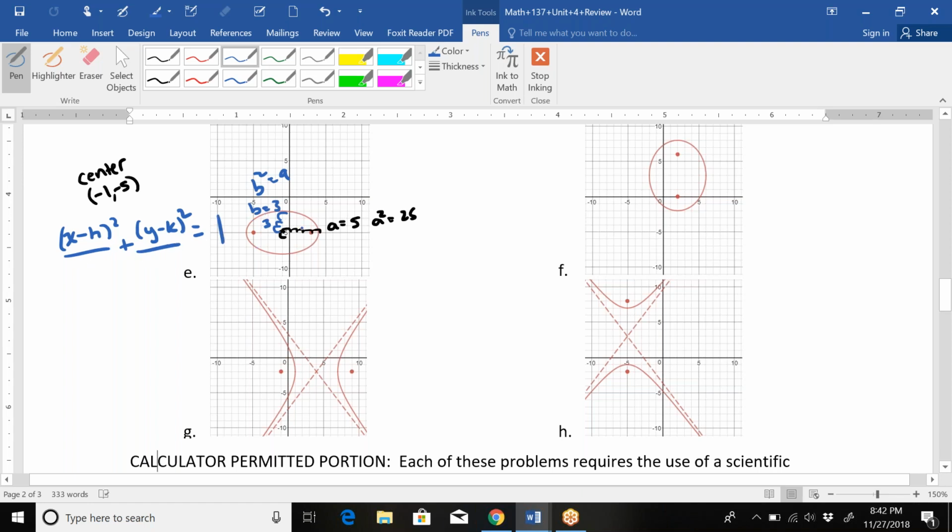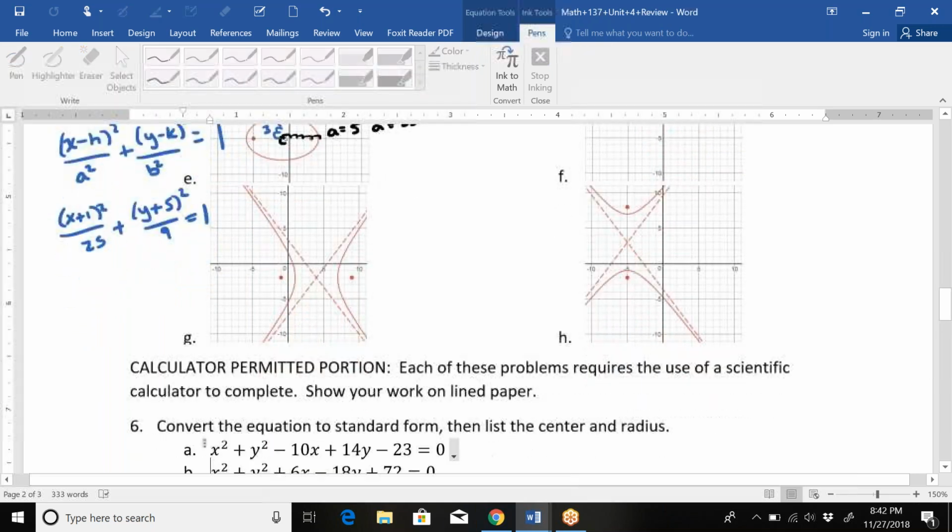If you're oriented side to side, you're going to put A squared under X. If you're oriented this way, you're going to put A squared under the Y. So wherever A squared goes, the other one's obviously B squared. So my center is -1, -5, so that's going to be X plus 1 squared over my A squared, which was 25, plus Y minus -5, so plus 5 squared, over the 9 equals 1.